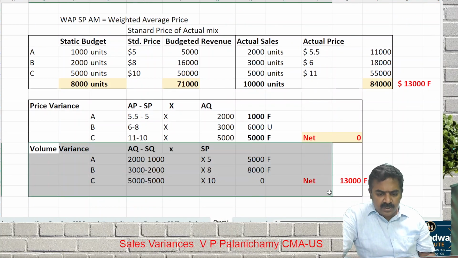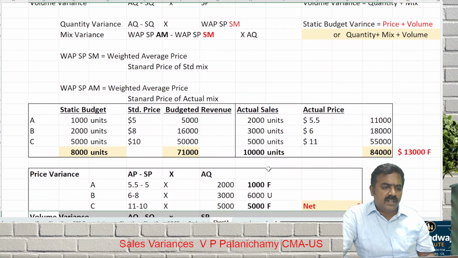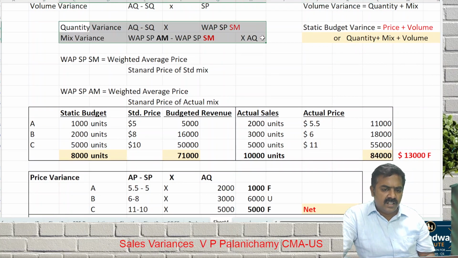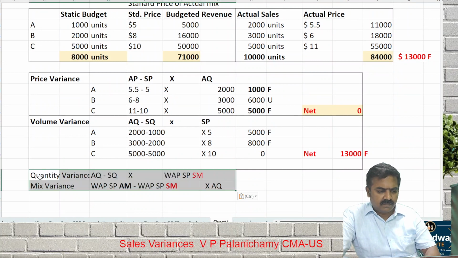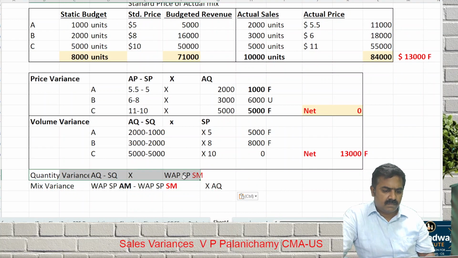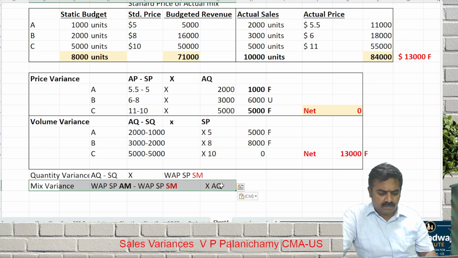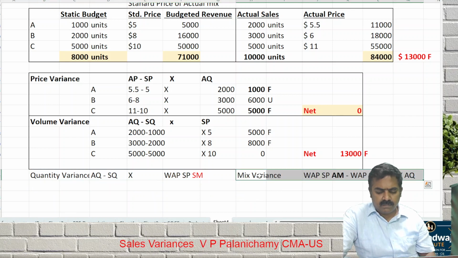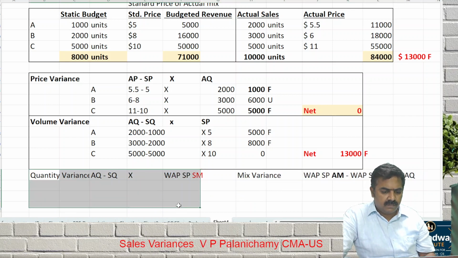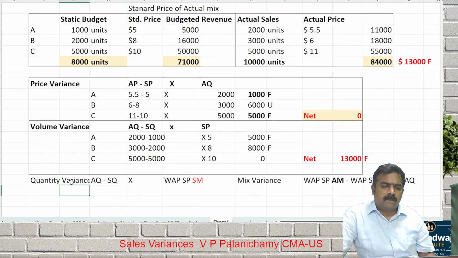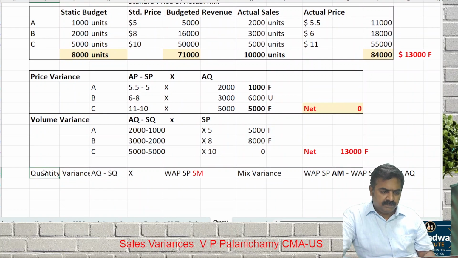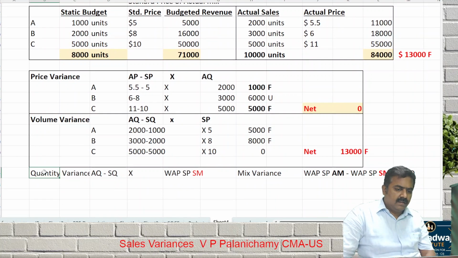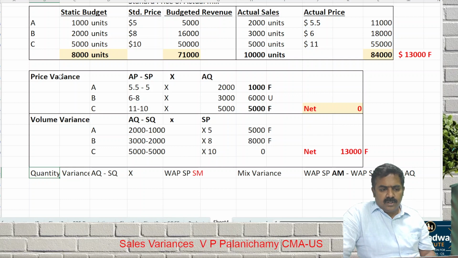Now the volume variance only is bifurcated into two variances. What are the two variances? Quantity variance and mix variance. Do you understand?